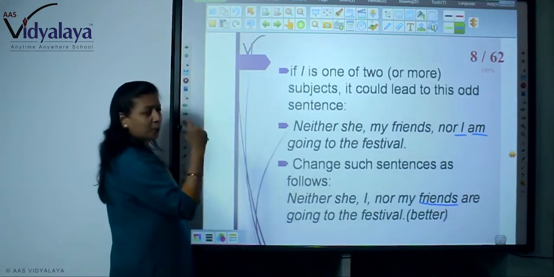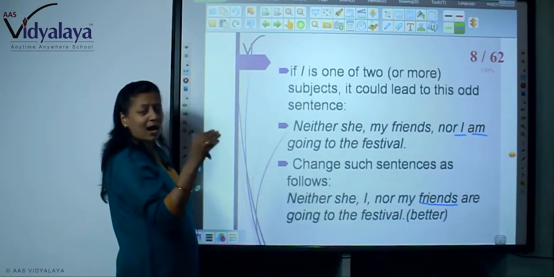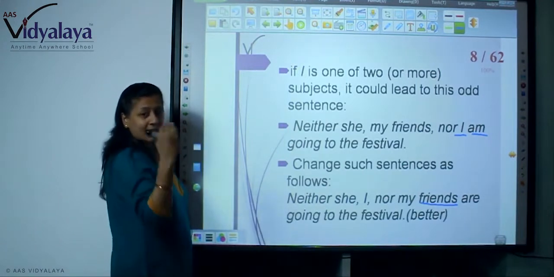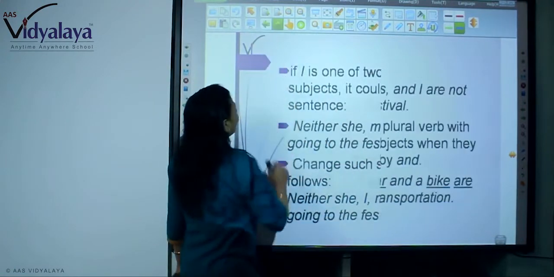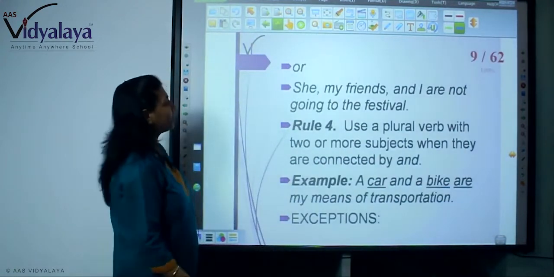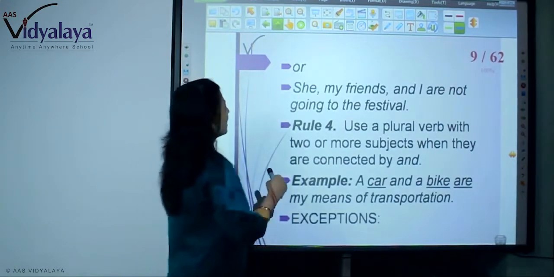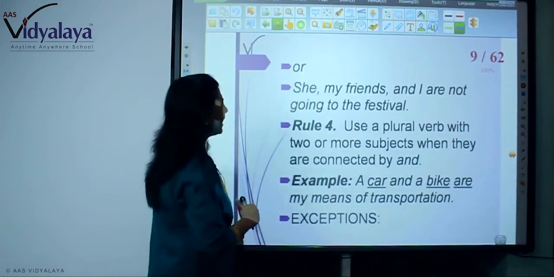So instead of putting I at the last, closer to the verb, you can put I in the middle and the other subjects closer to the verb. This is a better option. And next, how can you write? She, my friends and I are not going to the festival, right?